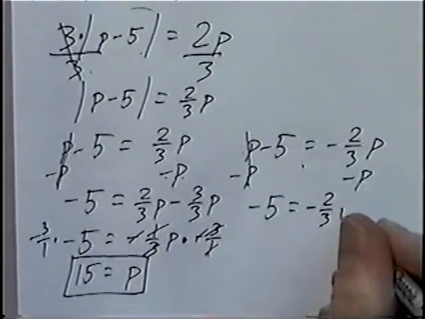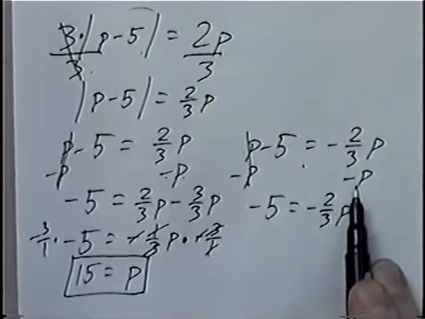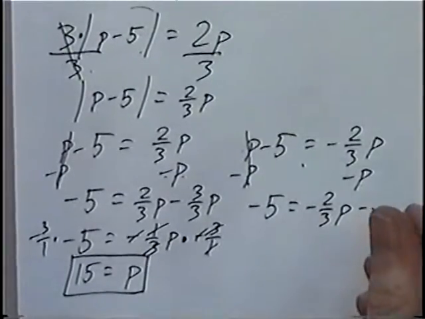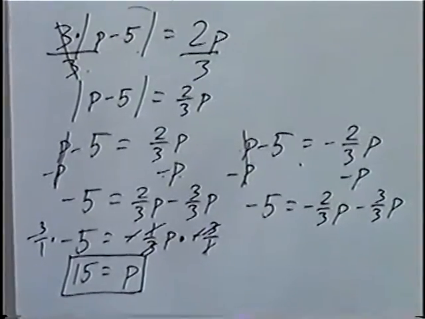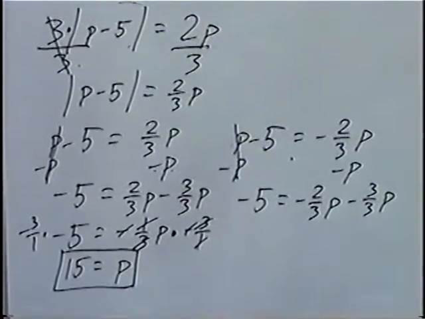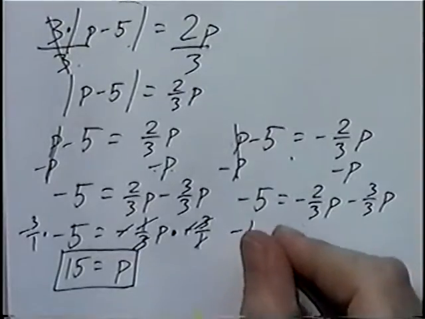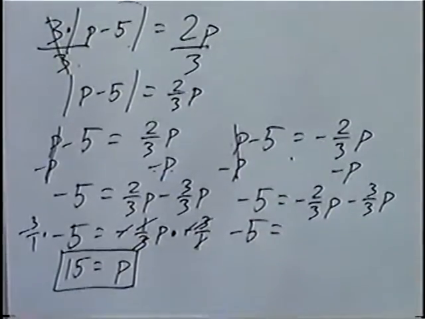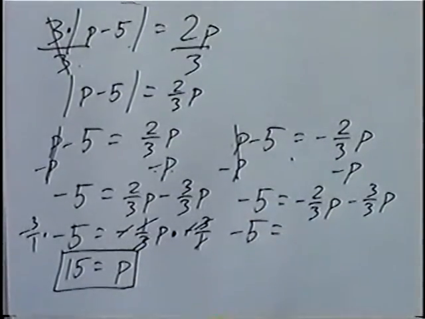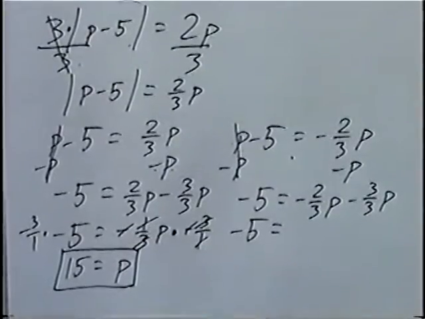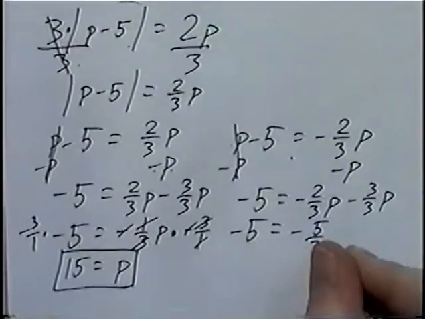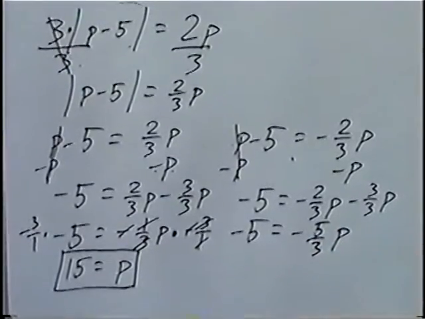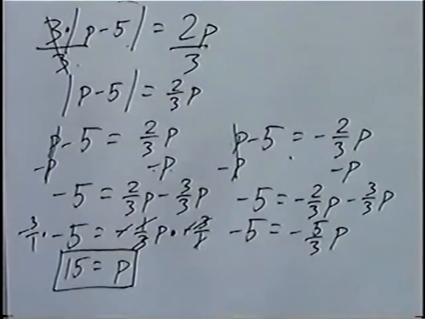Negative 2/3 p would stay the same, and negative 1 we can change into negative 3/3 p. Negative 5 stays the same. Negative 2/3 minus 3/3 would be negative 5/3 p.